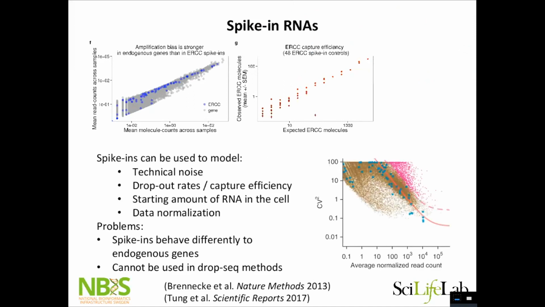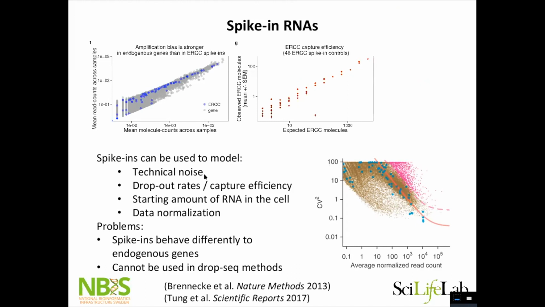So it's not easy to make a perfect control and a perfect spike-in. And we do have a difference in amplification bias because these ERCC spike-ins are shorter, and shorter transcripts amplify better. But we can still estimate back the number of molecules of RNA using the spike-in.